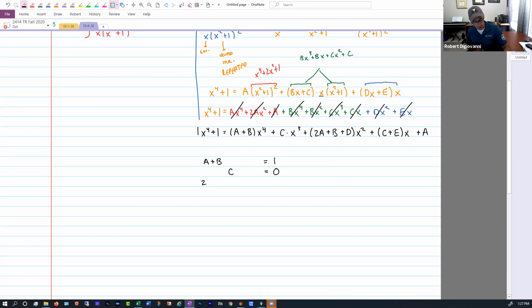Okay, how about 2a plus b plus d? That has to be equal to what's in front of x squared. I don't have an x squared, so 0. And then, oops, I didn't leave myself enough room. C plus e must be equal to 0 also, because I don't have an x term. And then a must be 1.